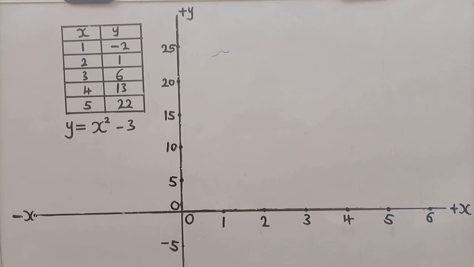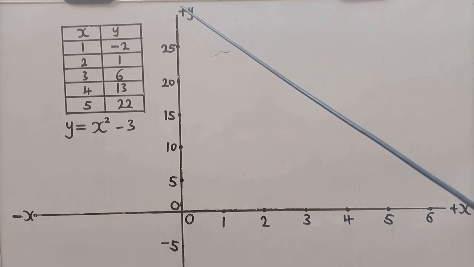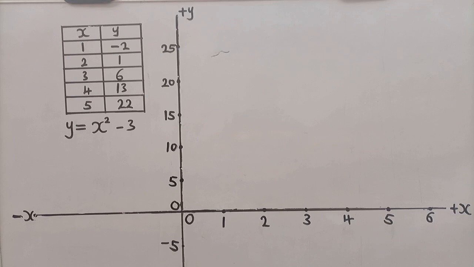Now, let's continue. Like I said earlier, the two axes have been calibrated accordingly. I believe you could have done the same thing that was done here. It is not compulsory that 5, 10, 15, 20, 25 is the system of calibrating this y-axis. Choose your own that is convenient for you.